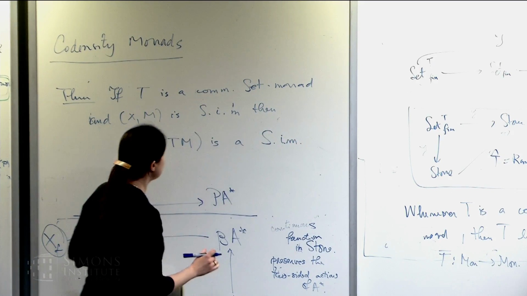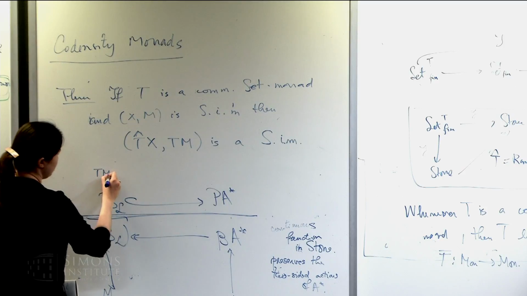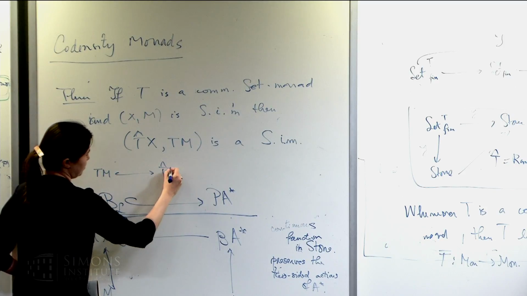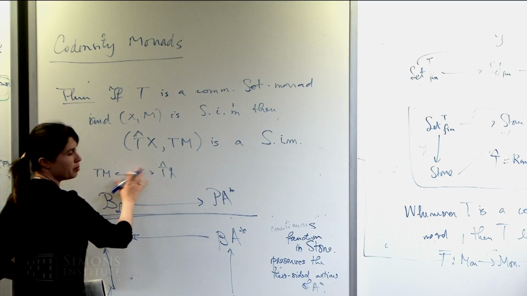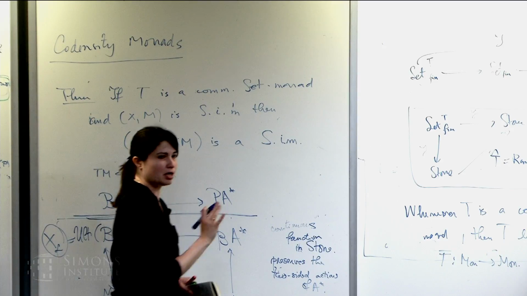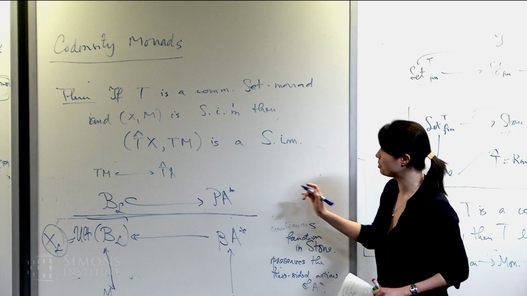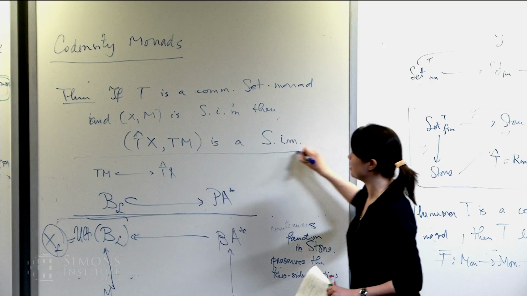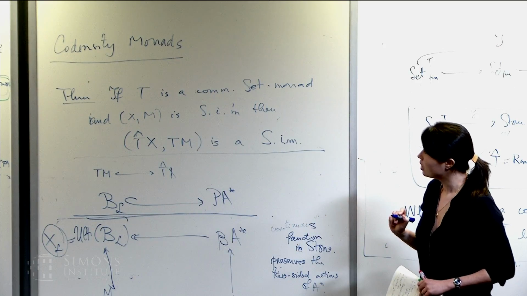Well, I'm cheating a bit because actually one has a map of TM into TX, so you should probably look at the image of that map. But modulo a little bit of sloppiness, this theorem is fine.